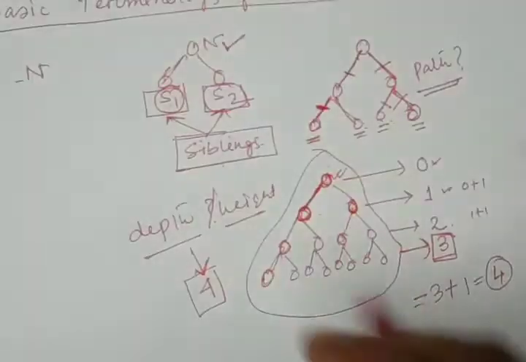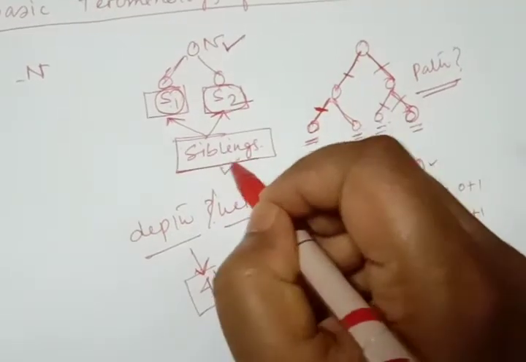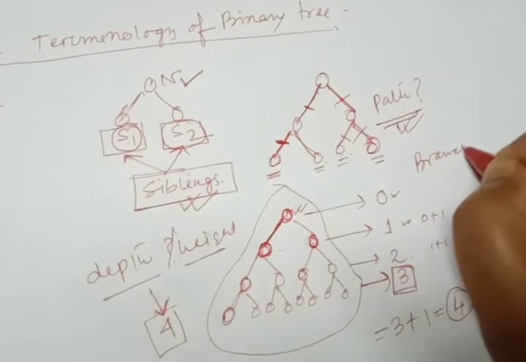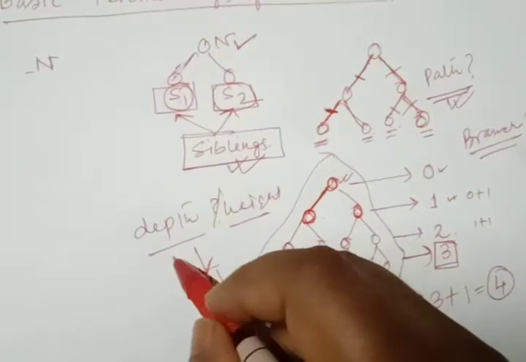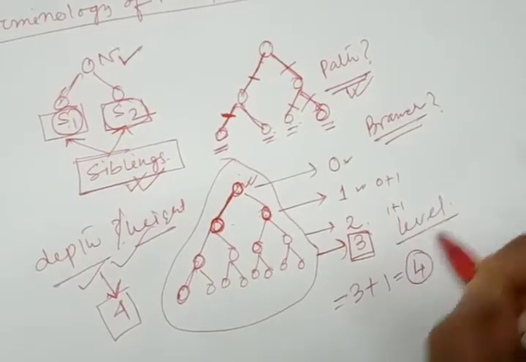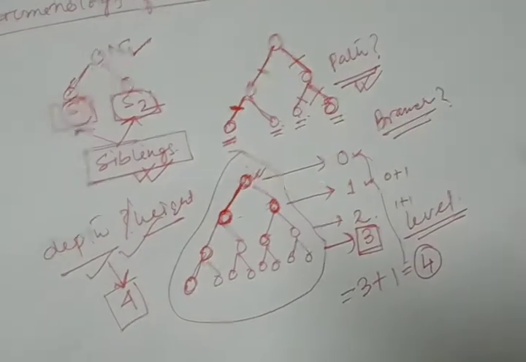So these are the basic terms and terminology: siblings, path, branch, depth or height, and level. These are the level numbers.